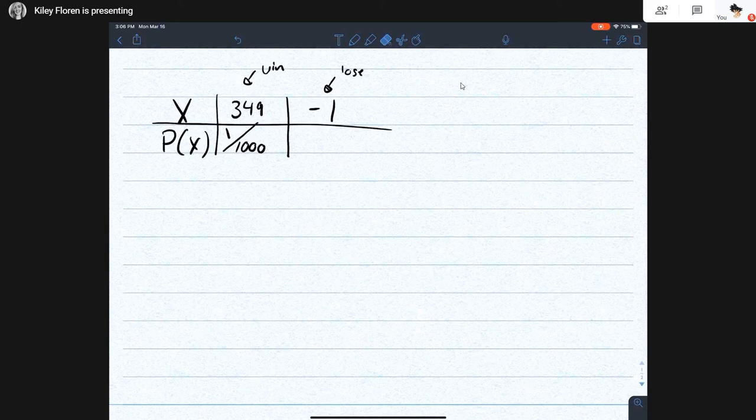For the probability of losing, think about if there's one way to win, how many ways are there to lose? There's still 1,000 total tickets, 1,000 options, and if there's one way to win, well, there's 999 ways to lose.